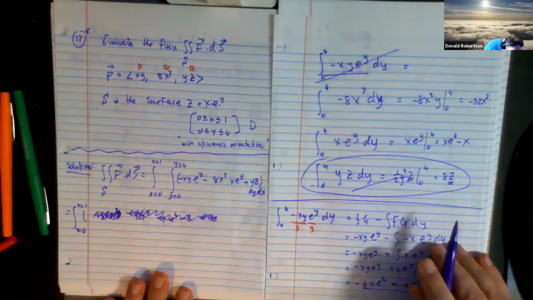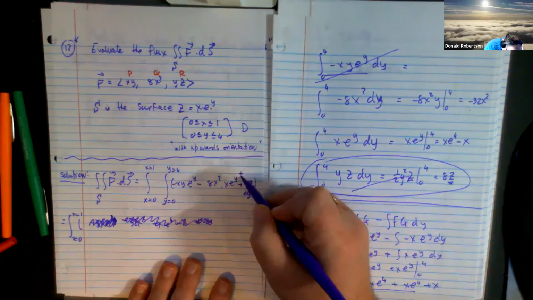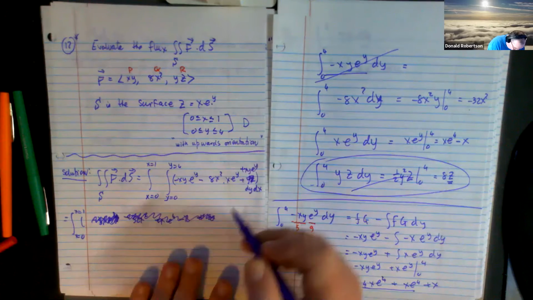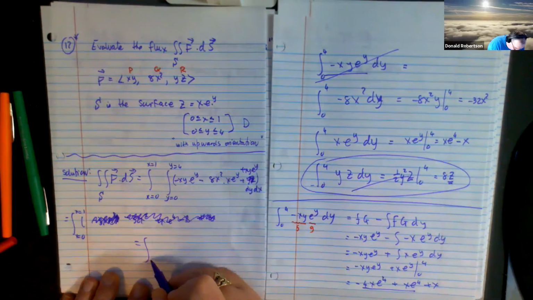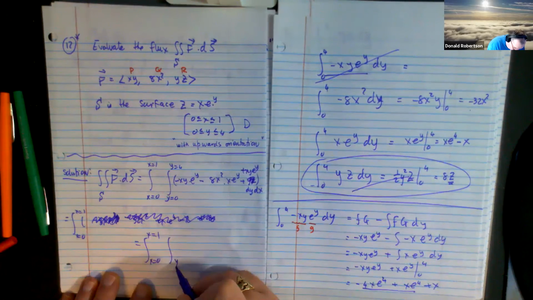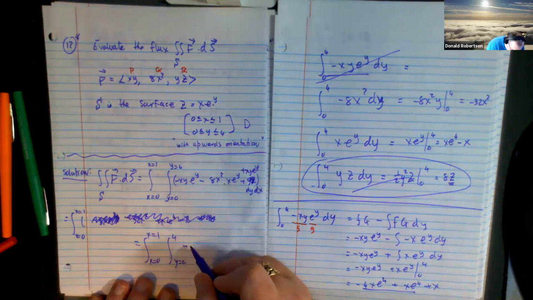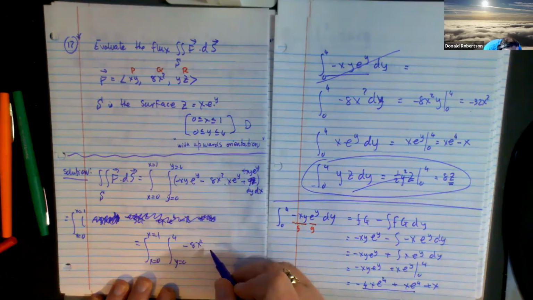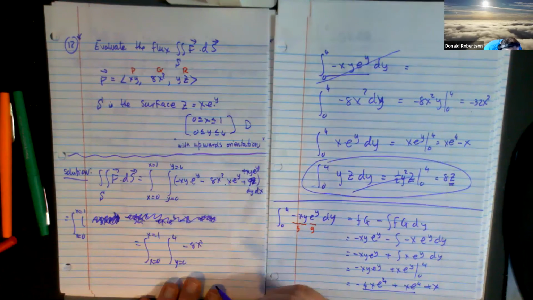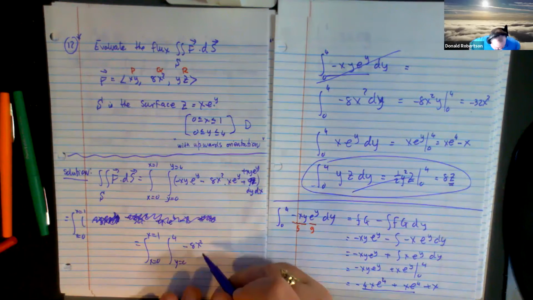If I replace this guy with plus xy e to the y, our integral becomes 0 to 1, 0 to 4, and all I'm left with is a negative 8x squared. If we're looking at it, it's not right.